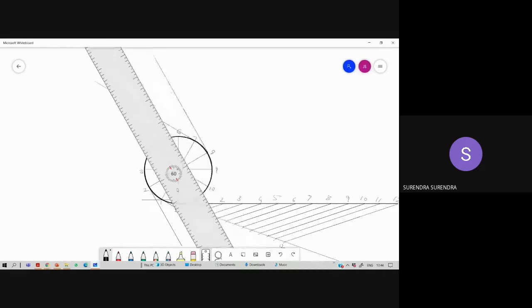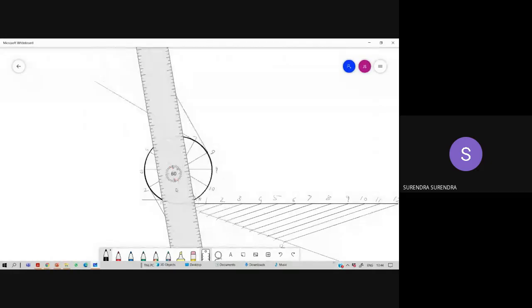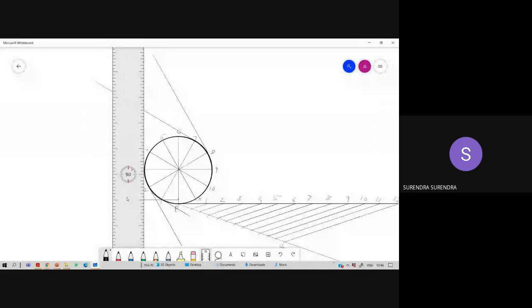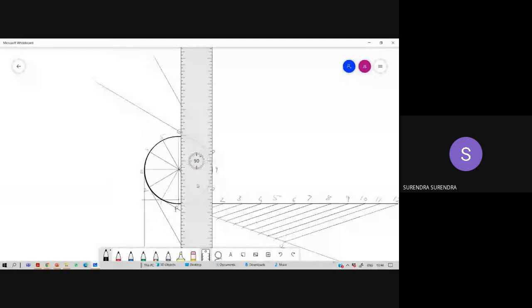Next, tangent at 3 and 9. So tangents at 3 and 9 are exactly vertical lines. And observe, these two are in the form of a Z shape. At 3, I am drawing downwards. At 9, I am drawing upward. Next.